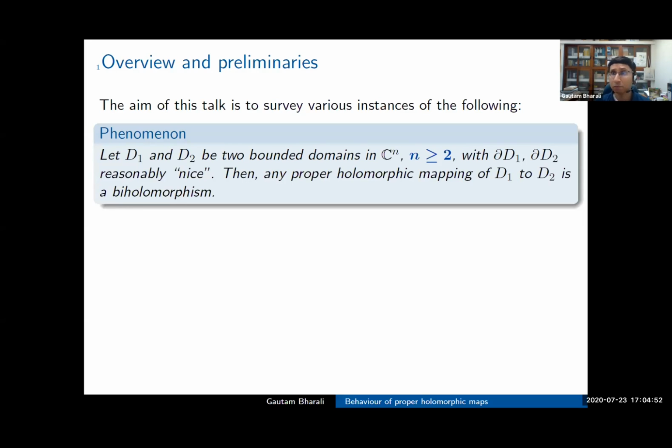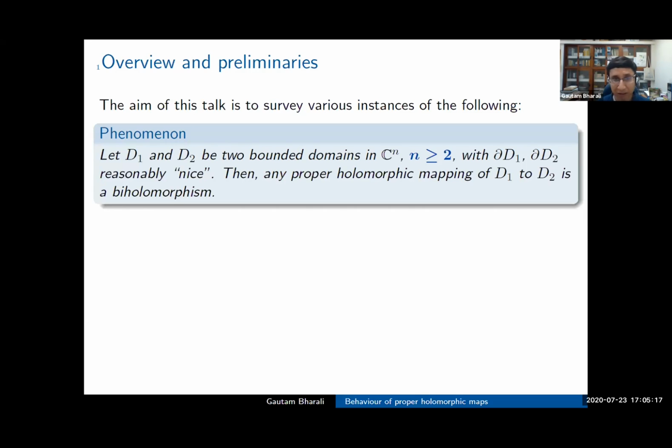So you're given these two bounded domains and their boundaries are reasonably nice. And the interpretation of nice will depend on the scenario. So the phenomenon is that with reasonably nice boundary geometry, any proper holomorphic mapping from D1 to D2 is a biholomorphism.